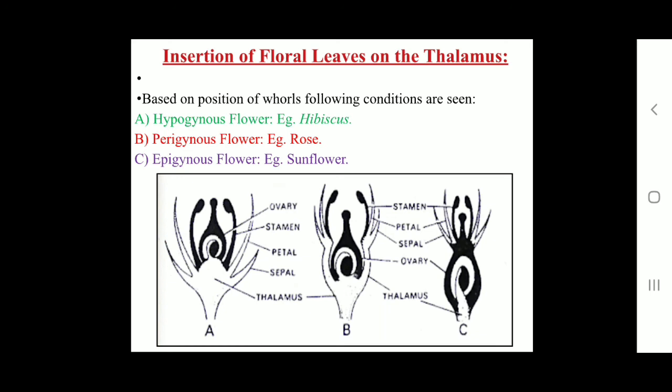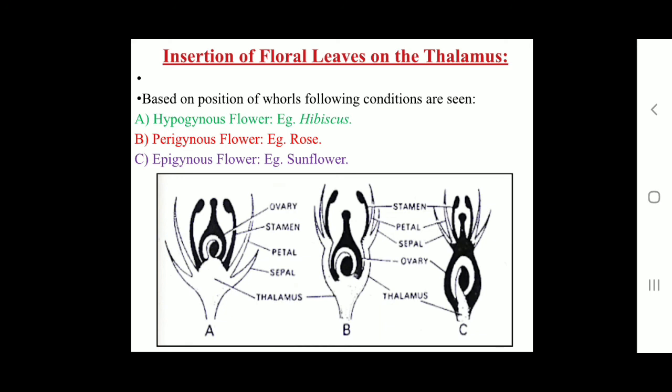Then second, that is perigynous flowers. In these flowers, the thalamus is flat or concave. On the margins or rim of the thalamus, it bears calyx, corolla and androecium. The gynoecium is placed at the center of cup-shaped thalamus.